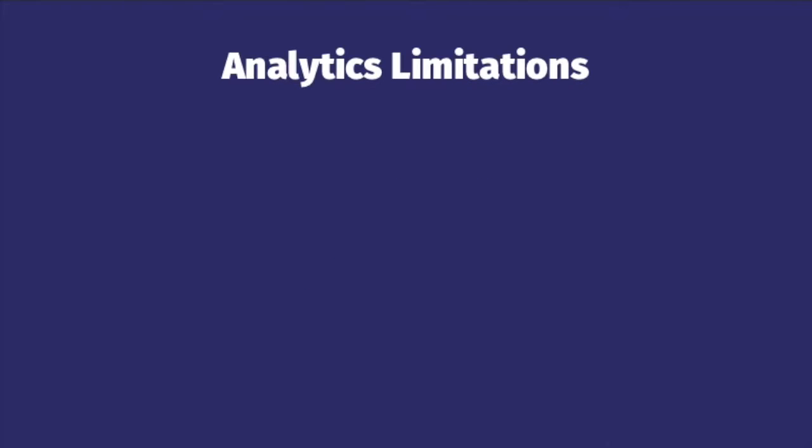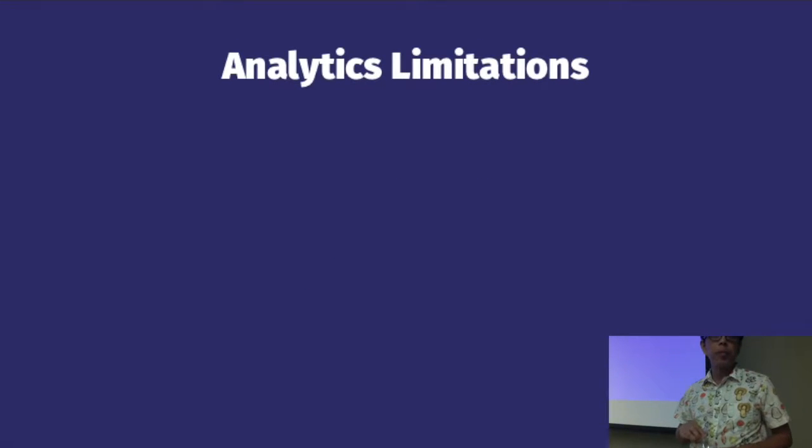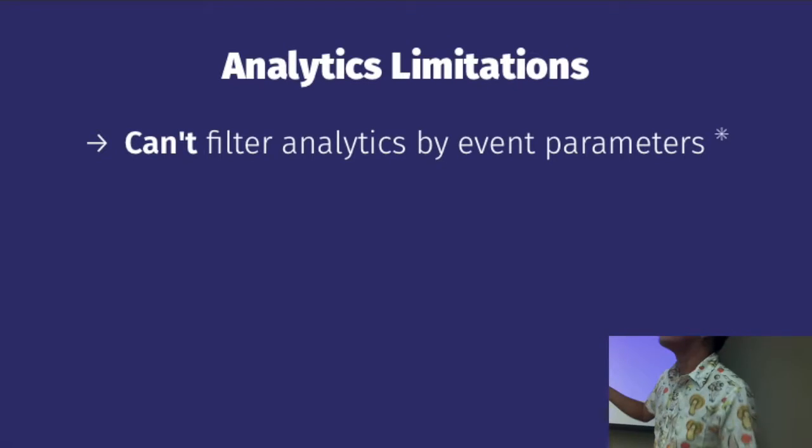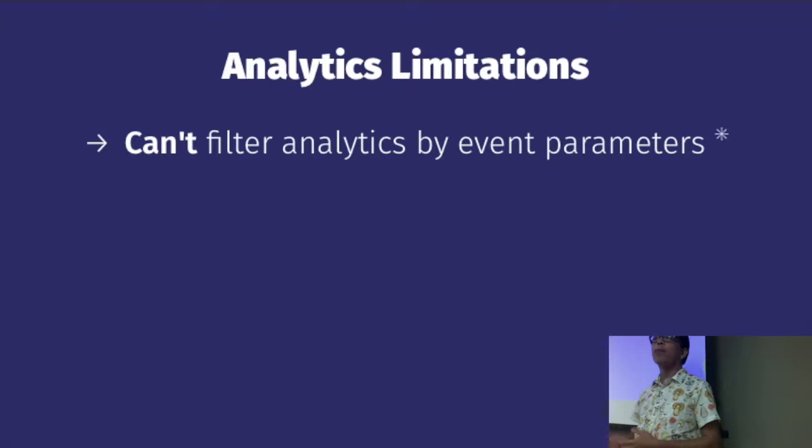What we want to be able to do is still do that funnel analysis. Now, there's a couple limitations if you've played with anything to do with Firebase analytics in the console. You can't filter events by their parameters. So what I mean is, if you are browsing the analytics console, you can see the number of times that notifications were received or tapped open.